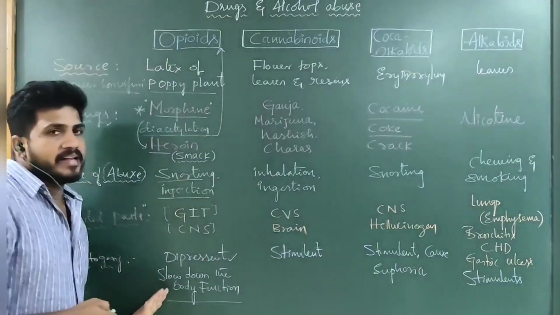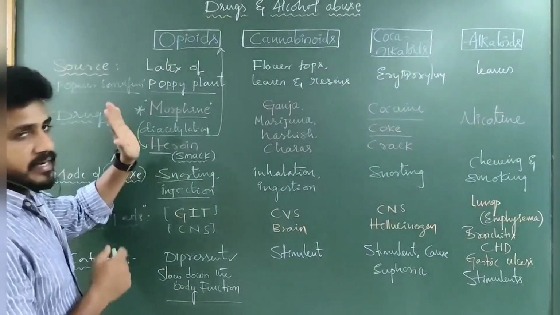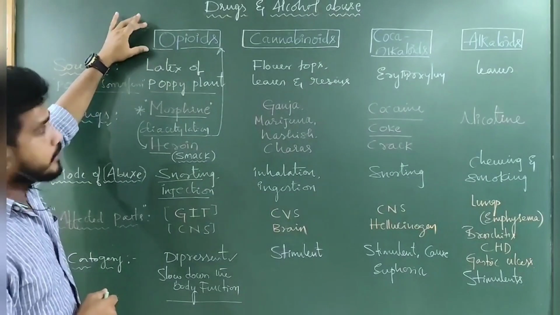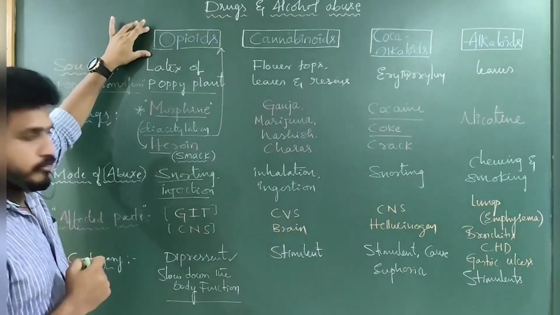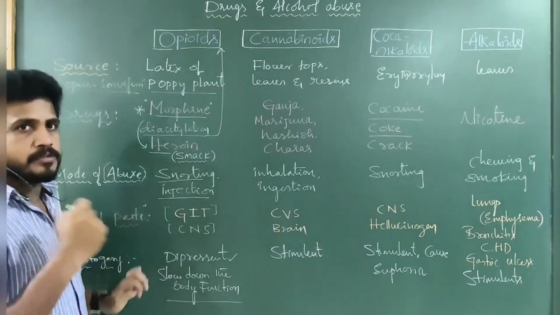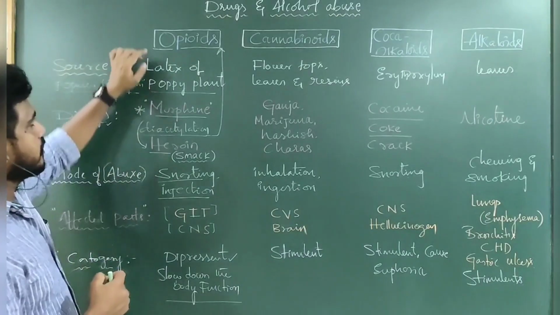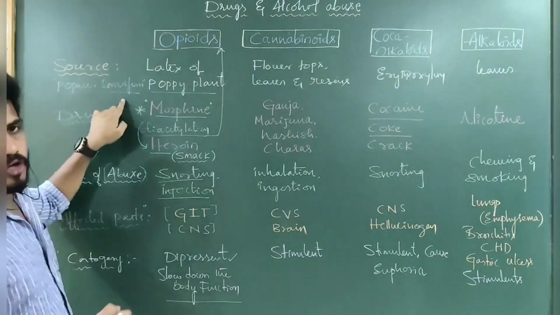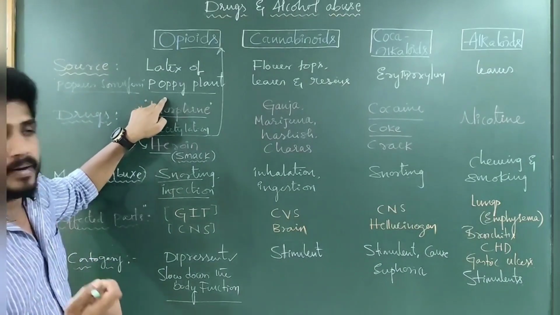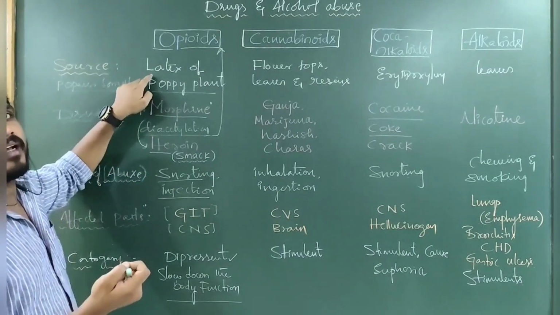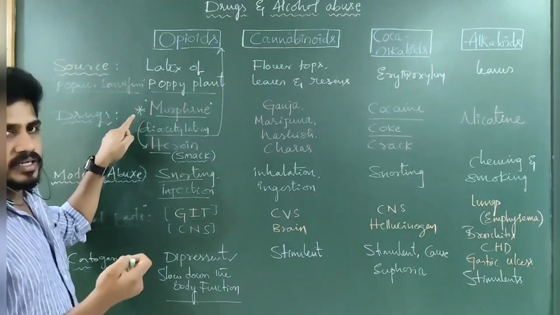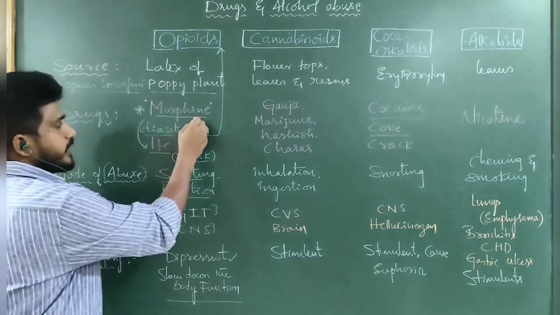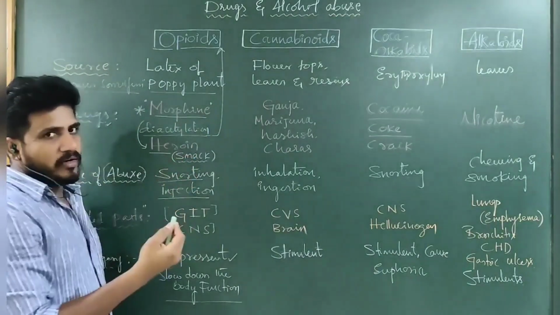So this is the first category. What is the first category of drugs? Opioids. Opioids are sedatives. Opioids are depressants. They help to slow down the body functions. Opioids are collected from Papaver somniferum, simply called the poppy plant. And which part of the plant? Latex. Then what are the drugs under the opioids? One is morphine, second one is heroin.